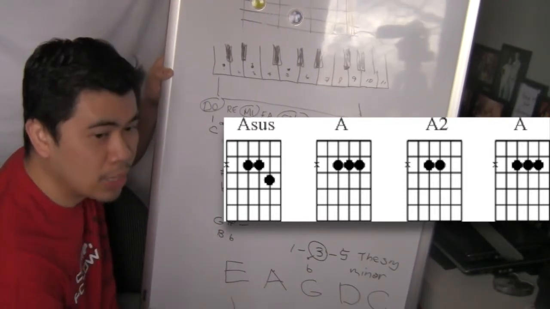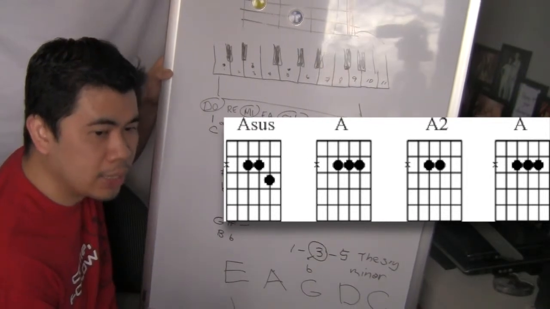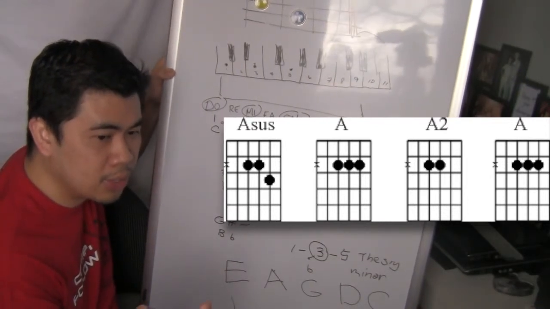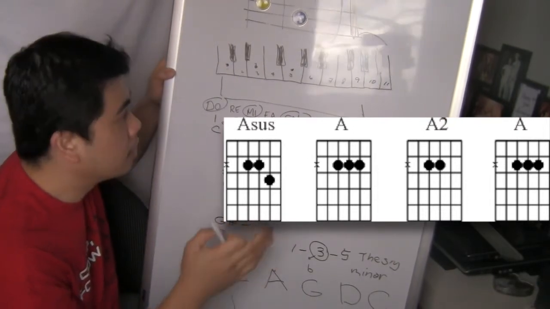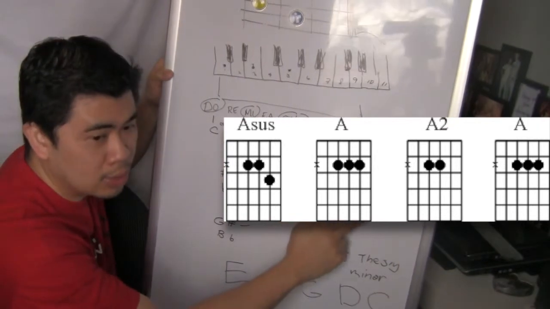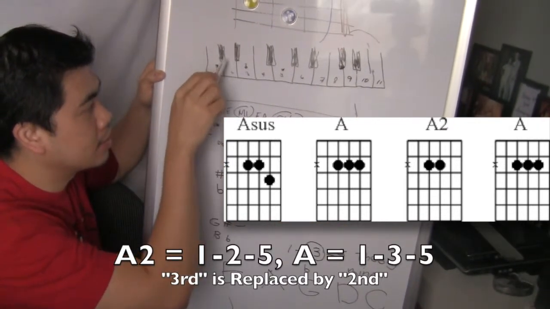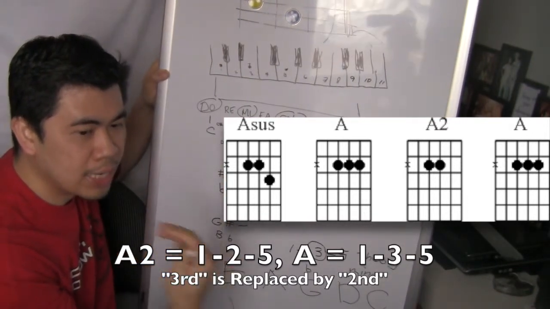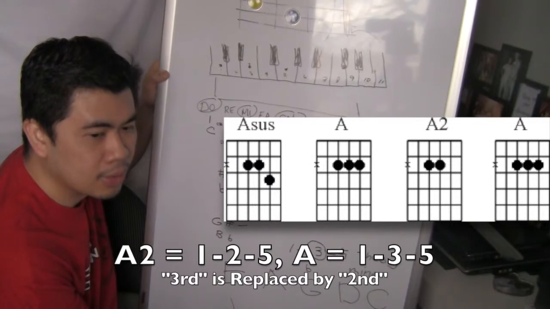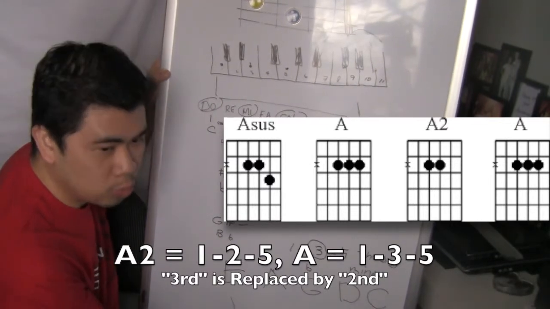So mi is what? Third, right? So to make it a minor, you have to move 1 fret down. But you want to make it into an A2. You want the second note to come out. So there's a black and there's 1, so 2 frets. So you lower that down. Yeah, so that's the A2.